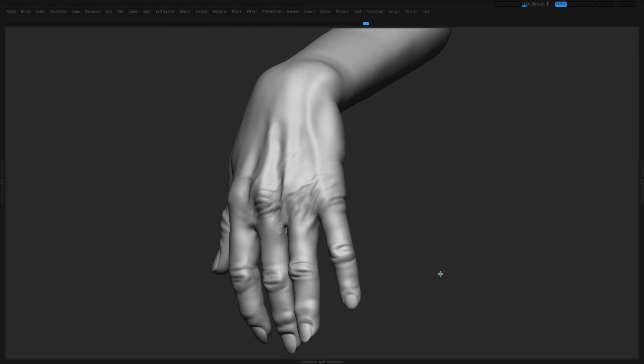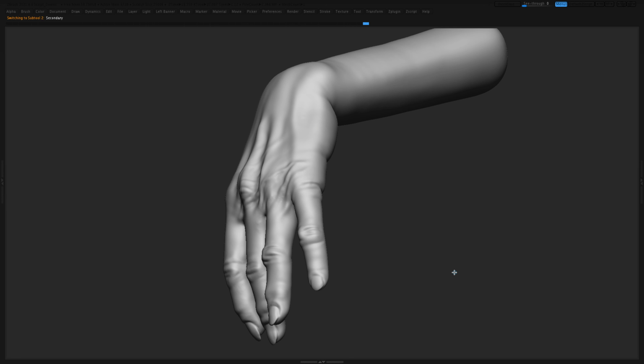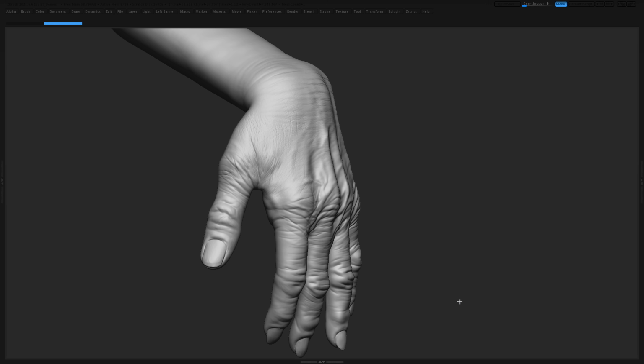And then with tertiary forms, it barely even breaks the silhouette if we jump back and forth, right? So this is very superficial. Tertiary detail is very superficial. It's on the surface. It helps convey material properties. In this case, skin bending and skin as a material in itself. So that is how we break down this hand into these 3 categories.